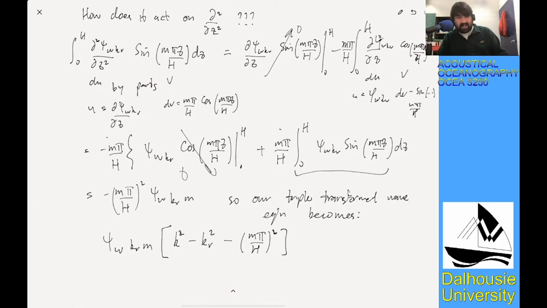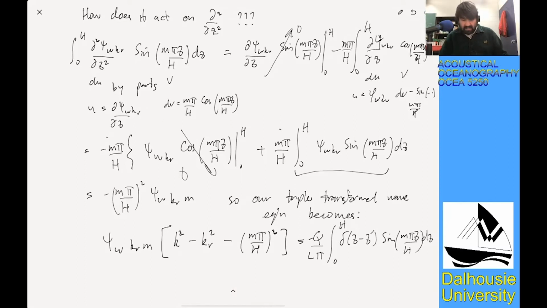That's the left-hand side. On the right-hand side, we're going to have a q, we're going to have a 2 pi, we've got a minus sign, and now we need to figure out, okay, we've got the integral from 0 to h of this delta z minus z prime, and then we have sine m pi z over h dz.